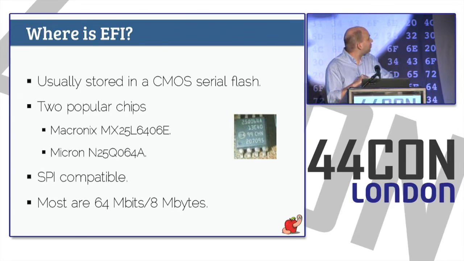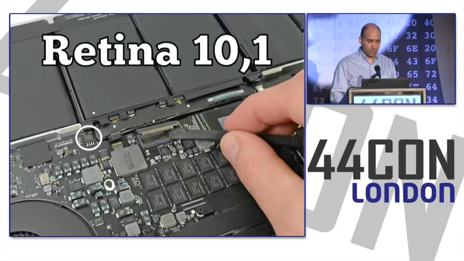These are the two popular modules on older machines. It talks SPI, which is very nice because it's very easy to talk to. Most of the newer chips are 8 megabytes, the older ones are 2 megabytes. There are some new machines that have 128 megabits. I'm not sure why. Probably it was cheaper for Apple to buy those.